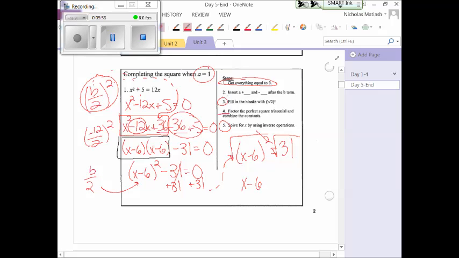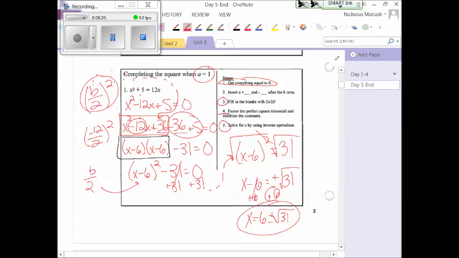You get x minus 6 is equal to, now here's the kicker, you've got to put a plus minus in front of that because we did it to both sides. This will end up being plus or minus the square root of 31. Then you just add 6 to both sides. You cannot add this 6 to the radical, so it just sits in front of the plus minus. It's going to be x equals 6 plus or minus the square root of 31.